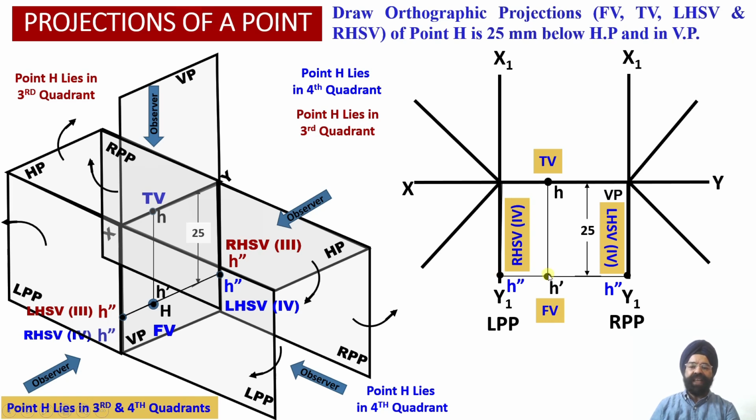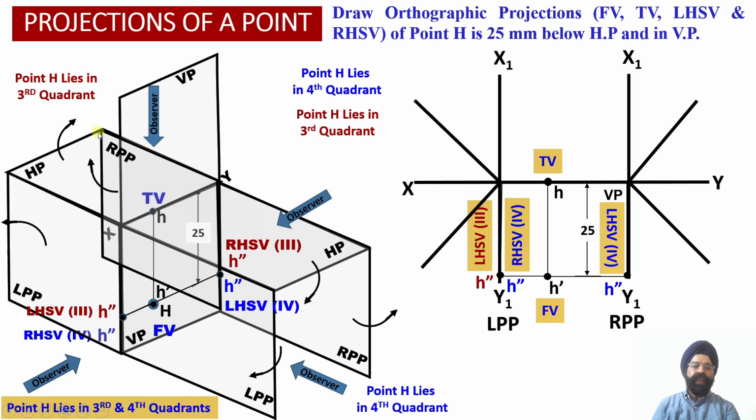So once we draw a horizontal projector line through the point H dash into the left profile plane, the intersection of these two projector lines will provide us with the location of point H double dash, that is the left hand side view projections obtained in the third quadrant corresponding to the point H available over here. So this way we can see the right side and left side views are interchangeable depending upon whether the point is located in the fourth quadrant or the third quadrant.